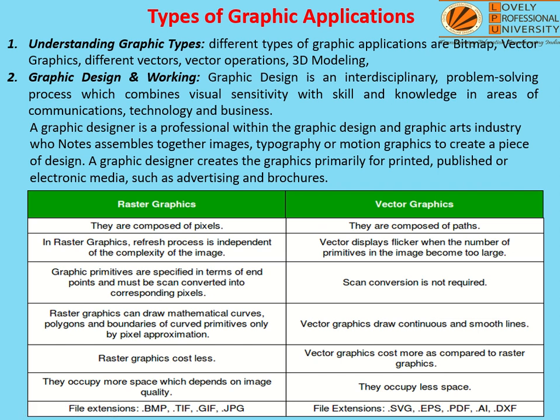Okay, so pixels means what? Number of dots per inch, that is DPI, makes a pixel. And if there are more pixels in the per inch area, it is going to make your picture more sharpened, what we call higher quality pictures. Okay, so whatever graphics we are going to create in Photoshop is basically a raster graphic.